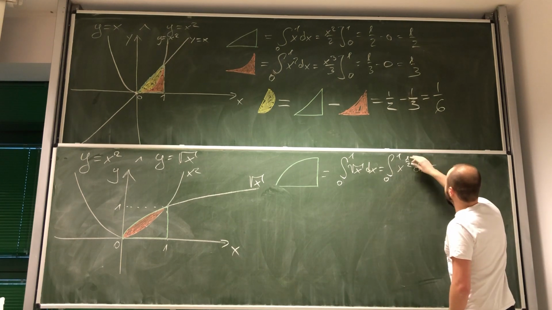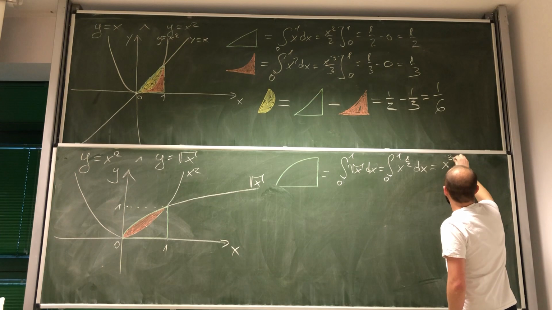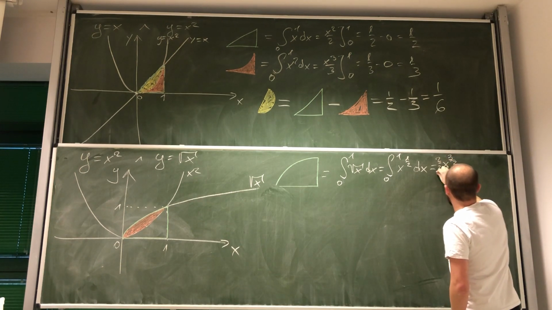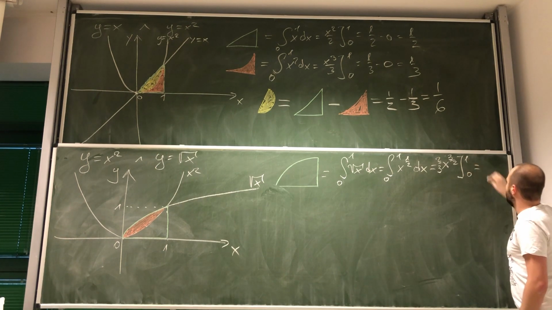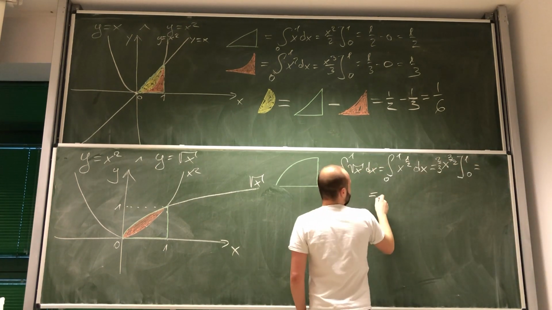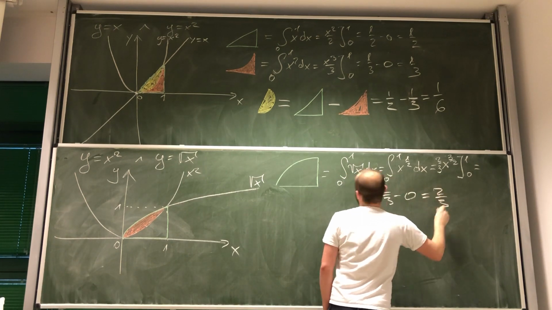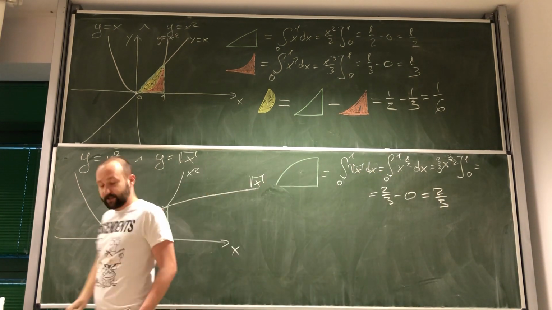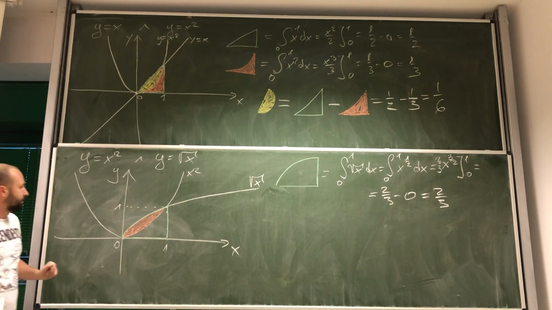So this is x to the power 3 over 2 times 2 over 3, from 0 to 1, which is equal to 2 over 3 minus 0, 2 over 3. So the area of this shape is 2 over 3.